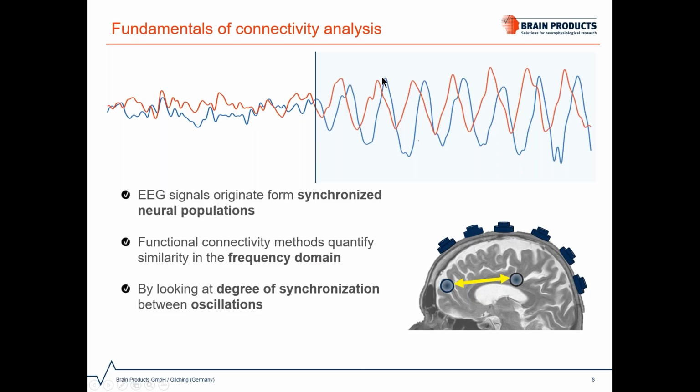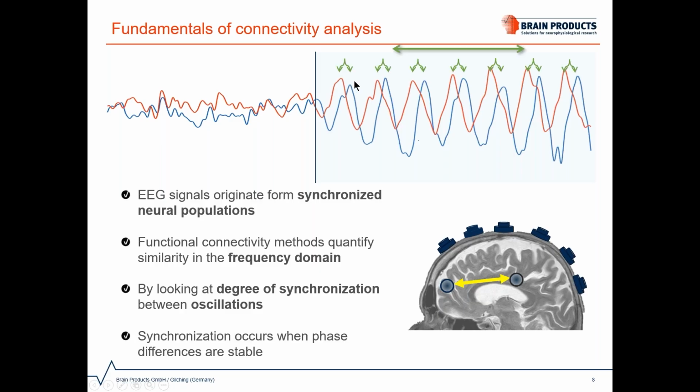And this is because they have a constant phase difference. Their lead and lag relationship is stable over time. Synchronization thus is measured by quantifying how constant the phase differences between oscillations are.